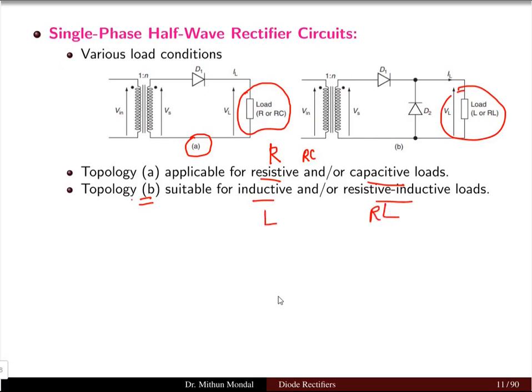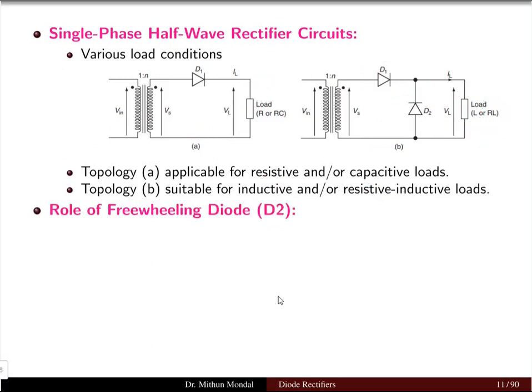So we can have the RL load or L load. Here we can see that there are two diodes, D1 and D2, where D1 is the main diode and D2 is basically the freewheeling diode, which is connected to discharge the energy present in the inductor L. So this we are going to discuss in more detail.